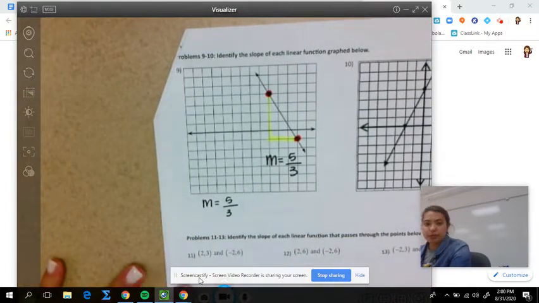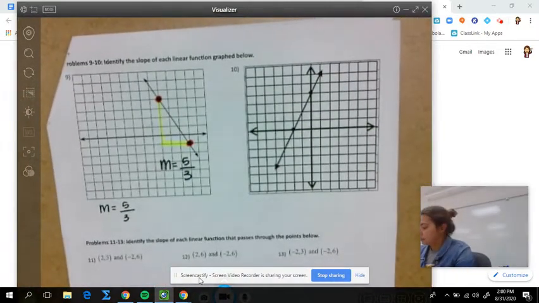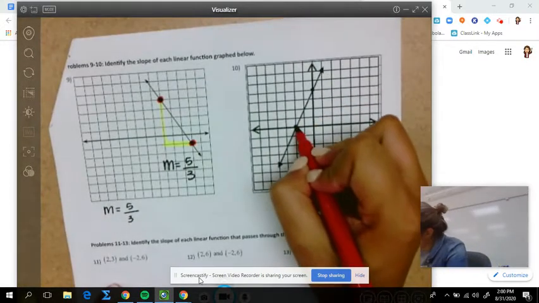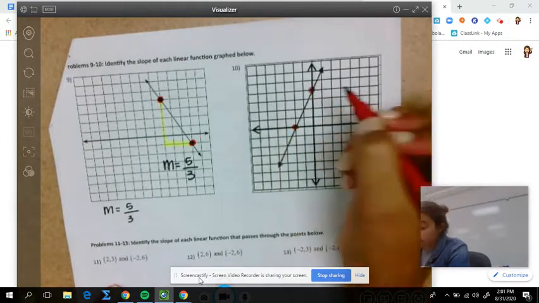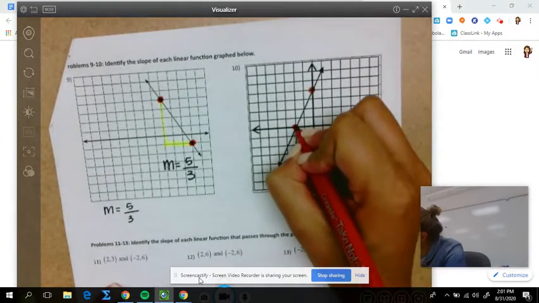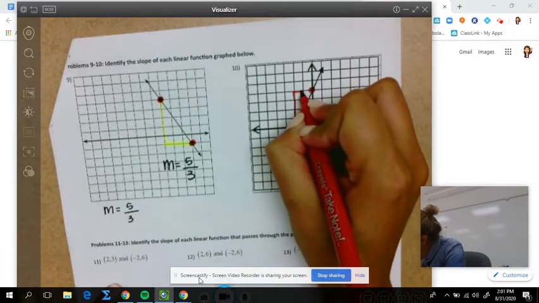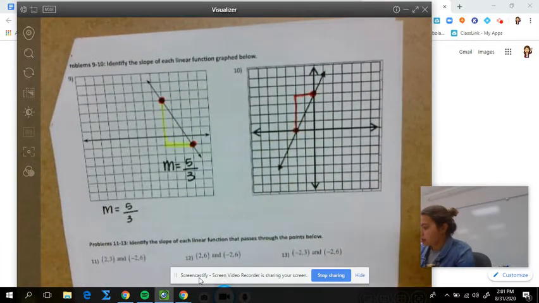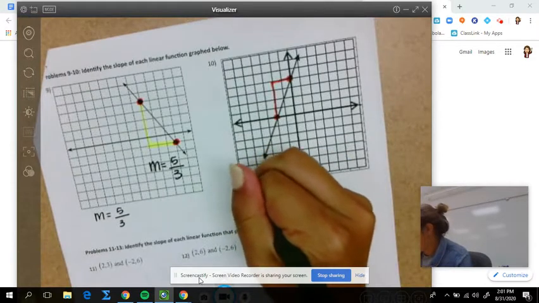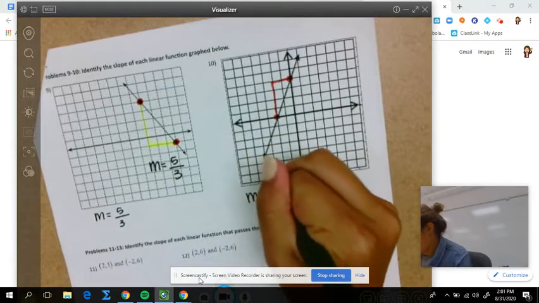And then you're just going to do the same thing with number 10. You want to go from point to point, so from here to here, and it looks like we're increasing. So we're going to rise 1, 2, 3, 4. We're going to run 1, 2. So here, our slope is 4/2.